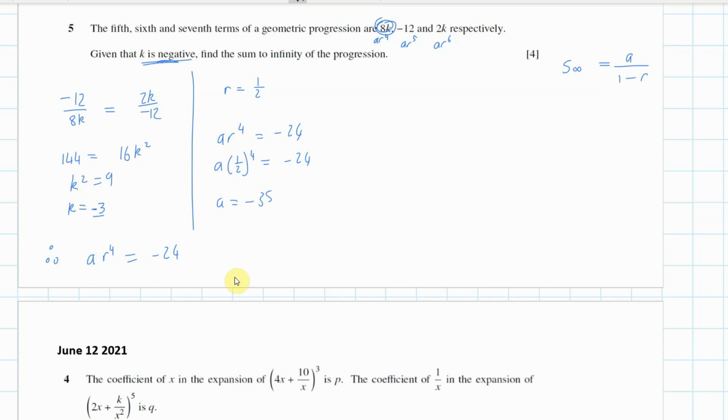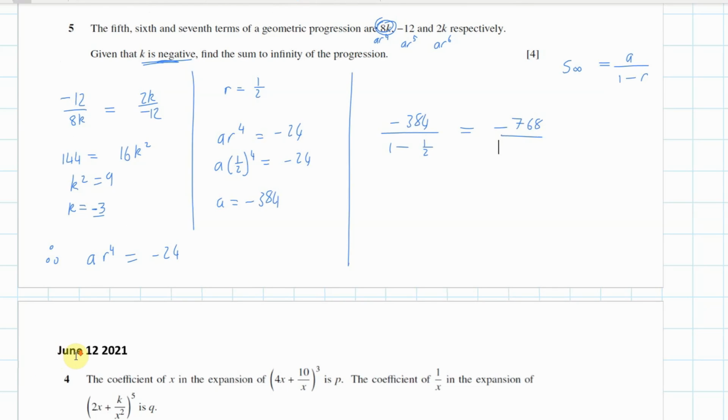Wow. Okay, just pay attention to what you've been given, eh? That wasn't A, it was the fifth term. Now that means that negative 384 over 1 minus 1/2 should give us the sum to infinity, which is giving me negative 768 as my final answer.